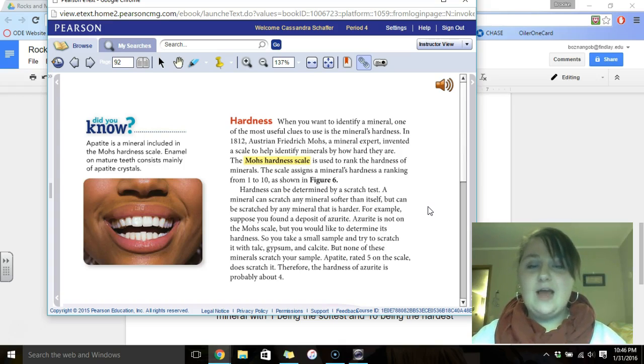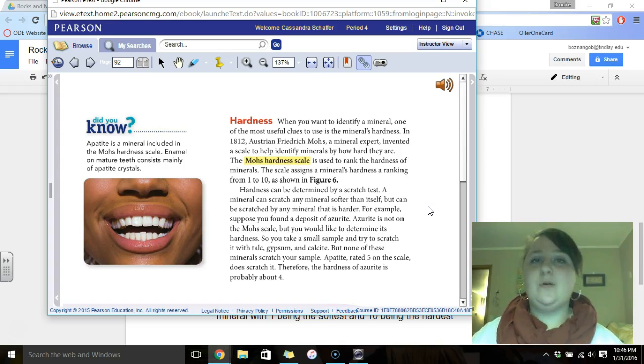Azurite is not on the Mohs hardness scale, but you would like to determine its hardness. So you take a small sample and try to scratch it with talc, gypsum, and calcite. But none of the minerals scratch your sample. Apatite, rated 5 on the scale, does scratch it. Therefore, the hardness of azurite is probably about a 4.